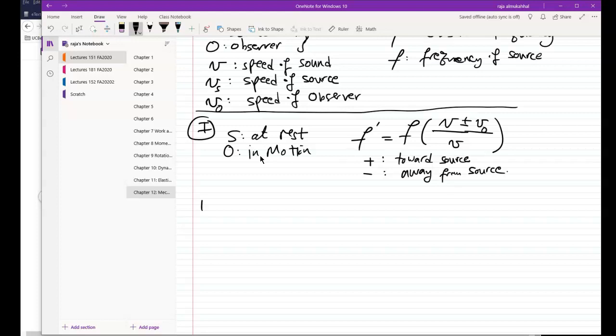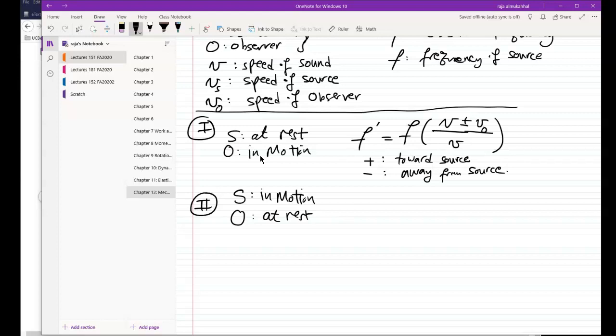Second scenario. Here I have the source in motion, and the observer is at rest. What does that mean? Again, you are on the street and you see a siren, an ambulance coming.